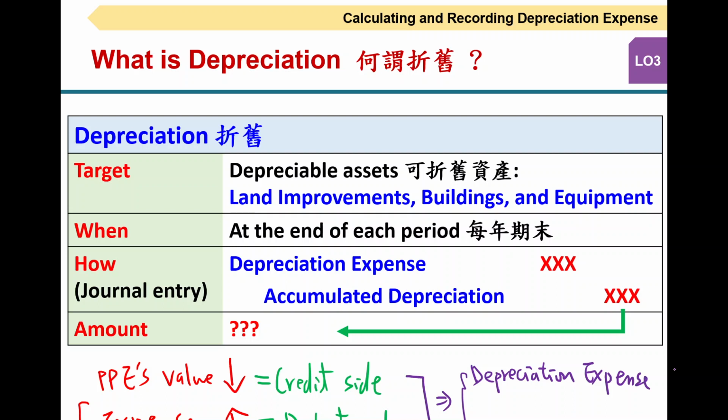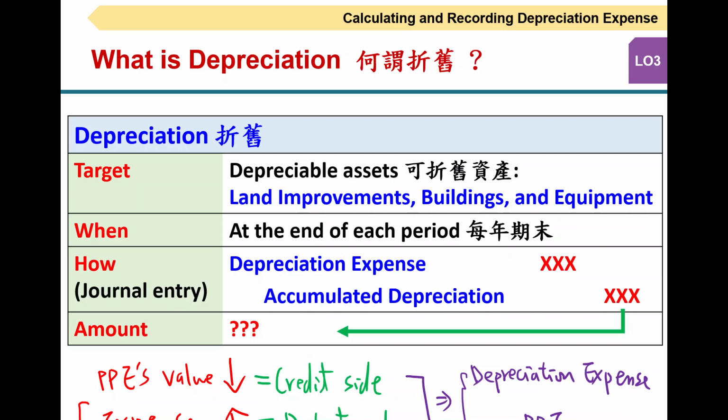You are going to credit your PPE because your PPE's value decreases. That's why we use debit depreciation expense, credit PPE, to tell you PPE's value decrease, expenses increase. Why is that? Because you use your PPE. So they will make you have this kind of result. Okay?